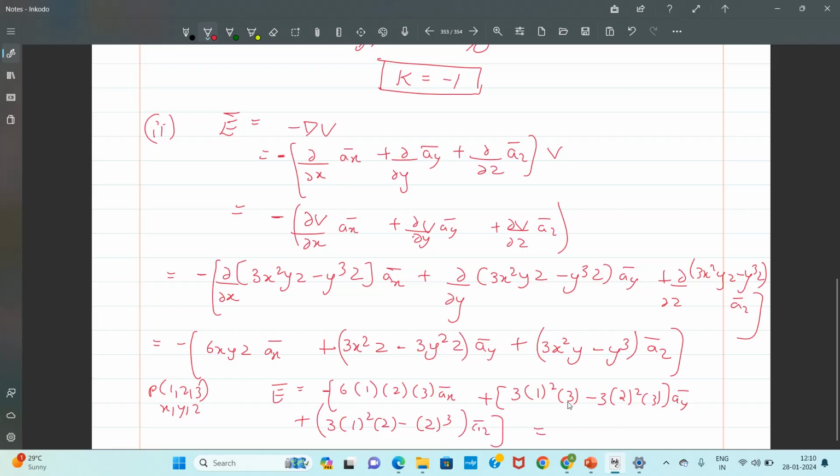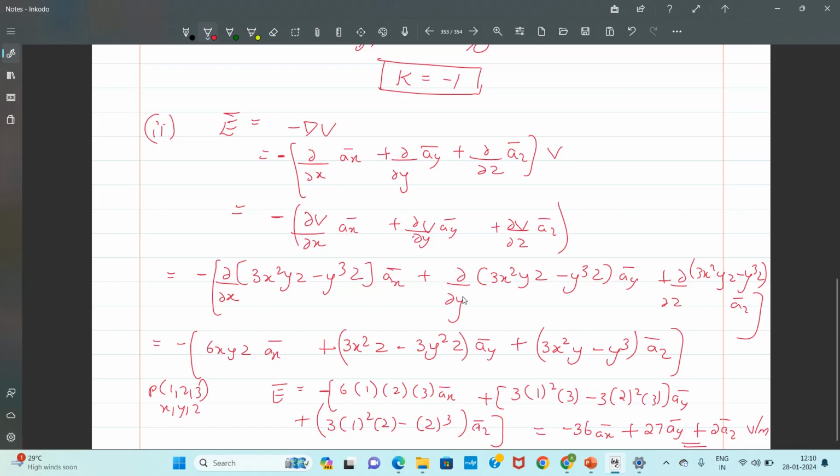So if you just simplify all this, the final answer you're going to get is minus 36 ax. You have a minus sign common outside, okay, because of this. Remember that. So minus 36 ax plus 27 ay plus 2 az volt per meter. This should be your answer. Minus 36 ax plus 27 ay plus 2 az volt per meter.